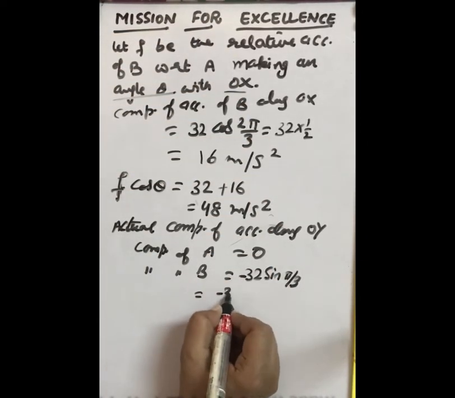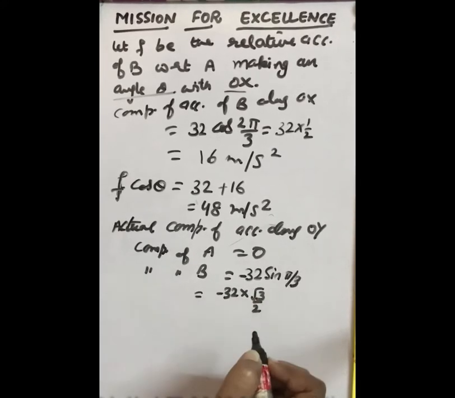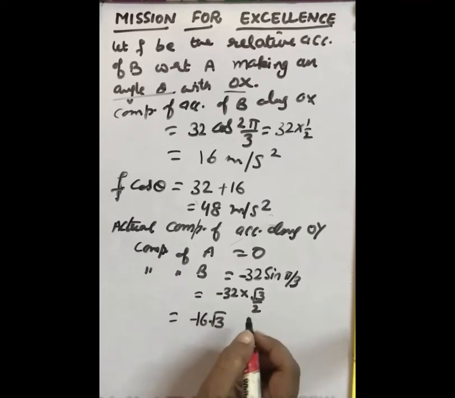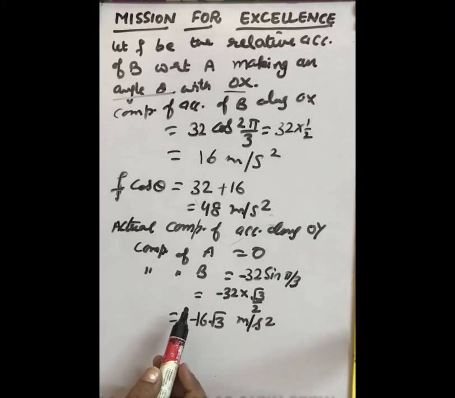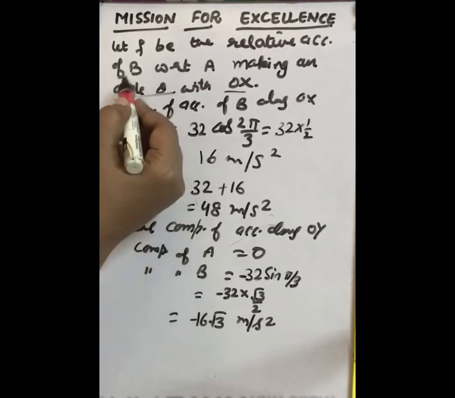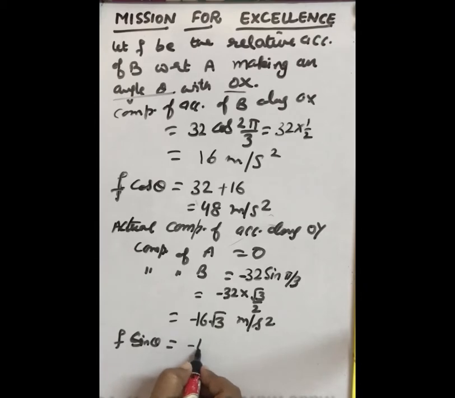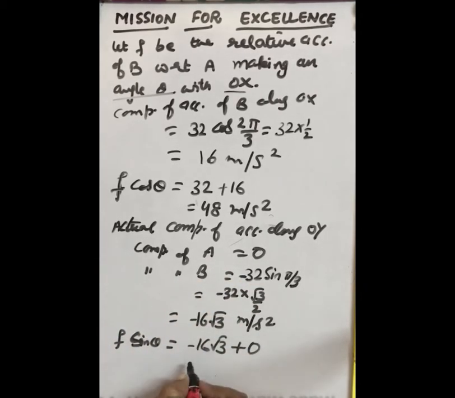So this will be minus 32 into root 3 by 2. So it comes out to be minus 16 root 3 meter per second square. So therefore the component of this acceleration F, we take F sine theta, equals minus 16 root 3, and the component of A is 0. So this comes out to be minus 16 root 3 meter per second square.